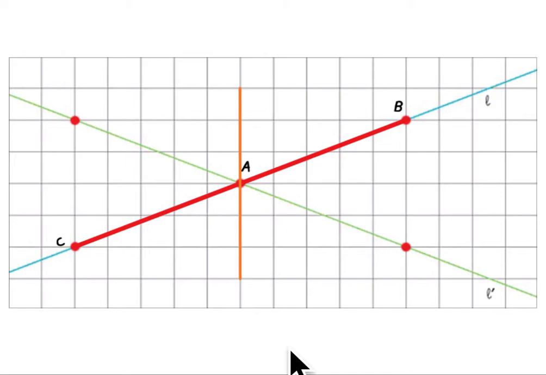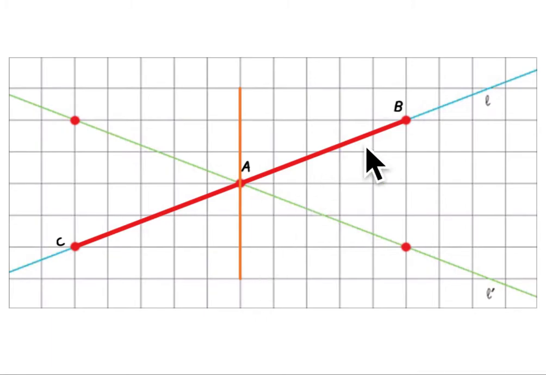But here's a reflection. So the line of reflection is the midpoint between the corresponding points. Well, on that reflection, B is going to go to here. This is going to be B prime, and C is going to go to here. This is going to be C prime. So halfway in between, moving at a right angle, is this line of reflection.